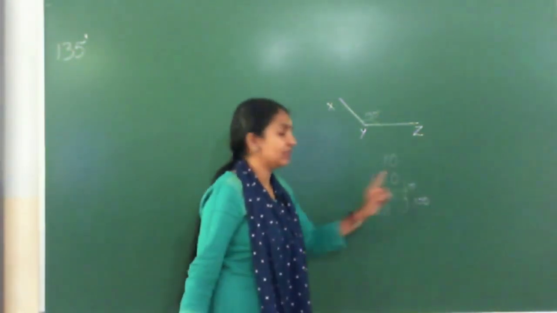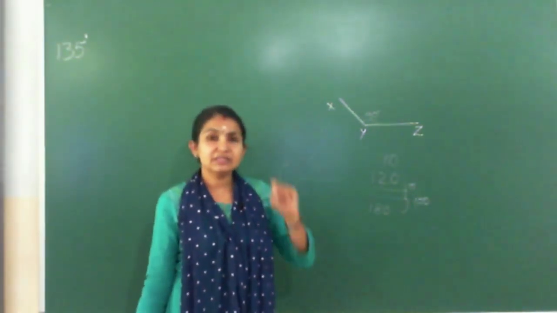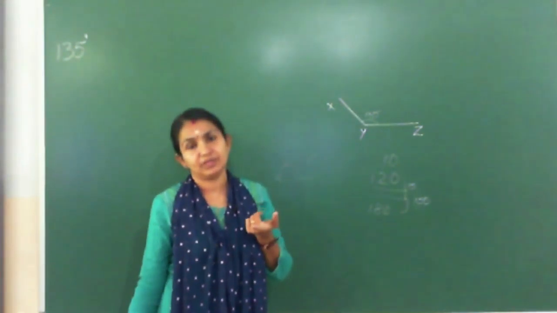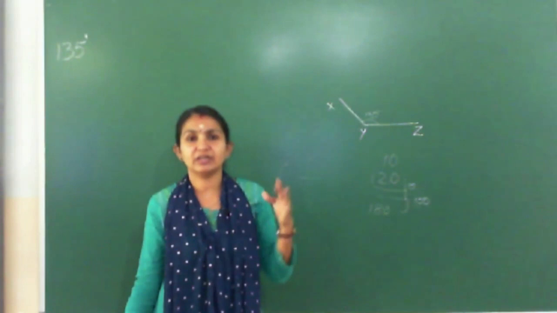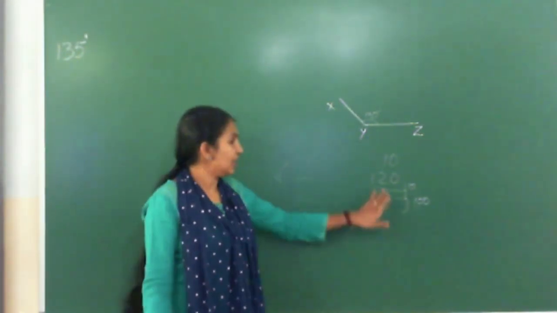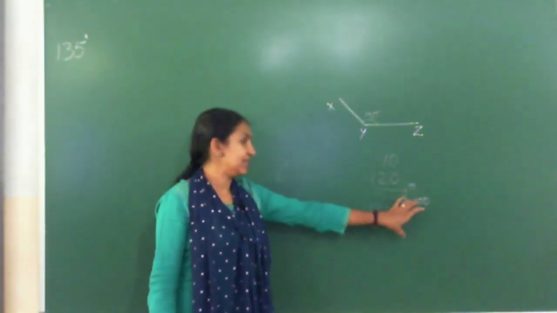Just think about what this will be. 120 and 15 means 135 degree. This is the way we are calculating. So just calculate these things in your mind and then you should do the problems when they are given in the exams.